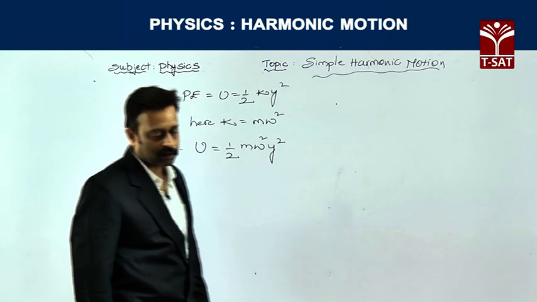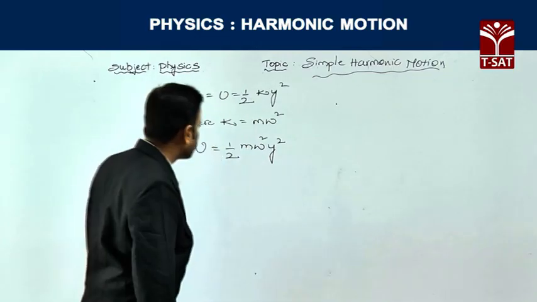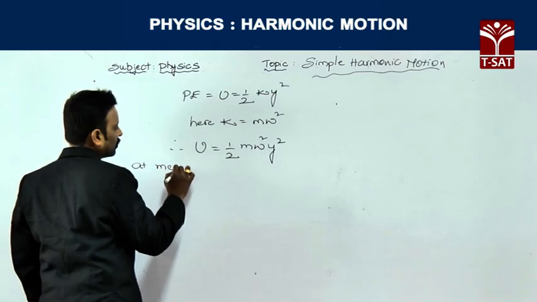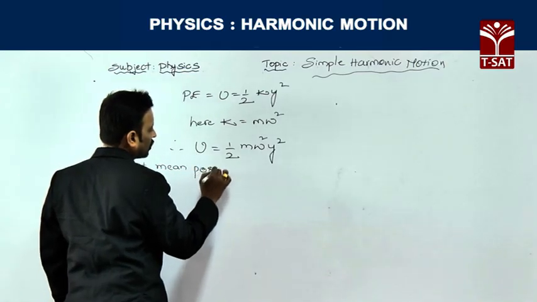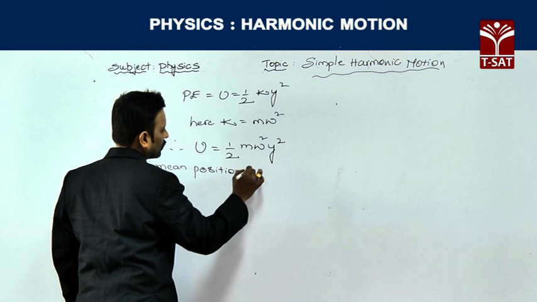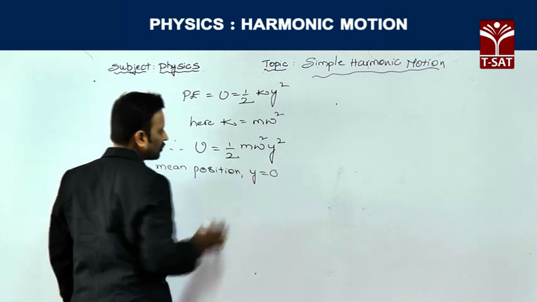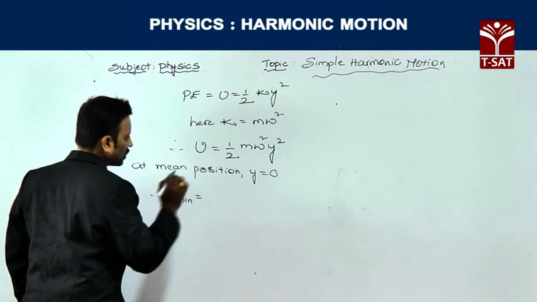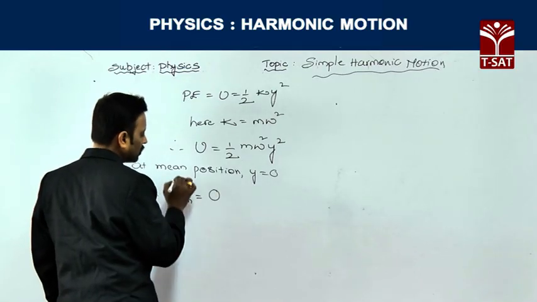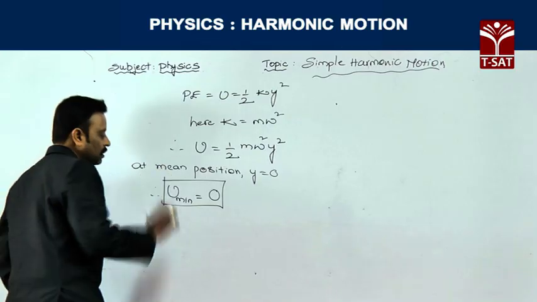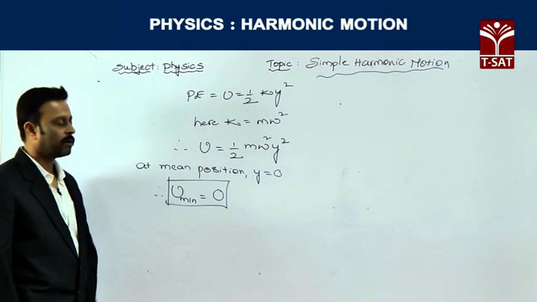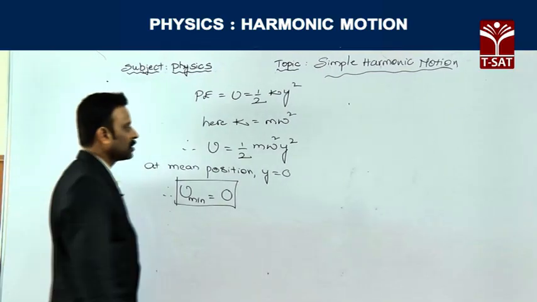This is the formula for potential energy. Now, at mean position, displacement is 0. Therefore, potential energy will be 0. That is, when the particle is at mean position, it will be having minimum potential energy.